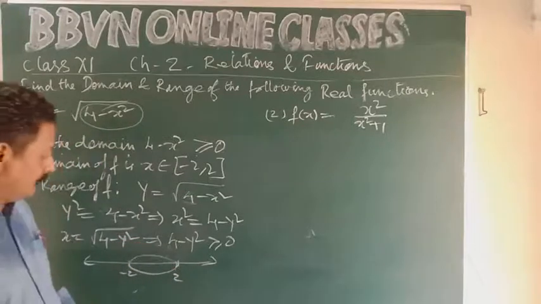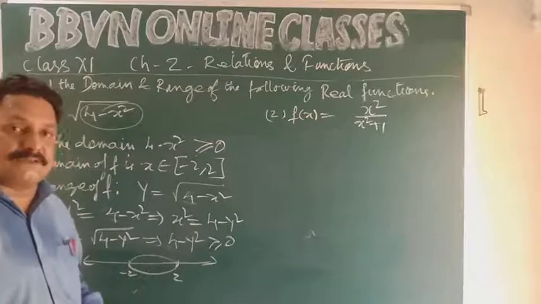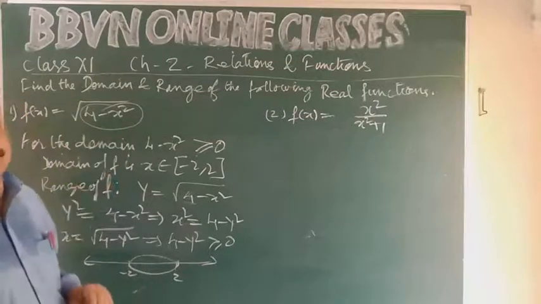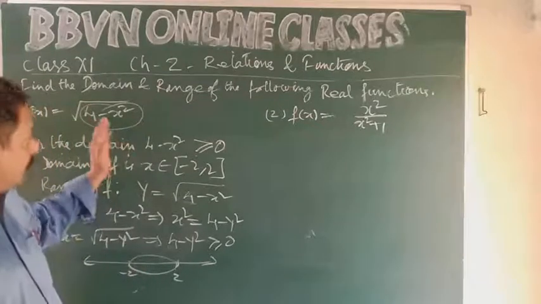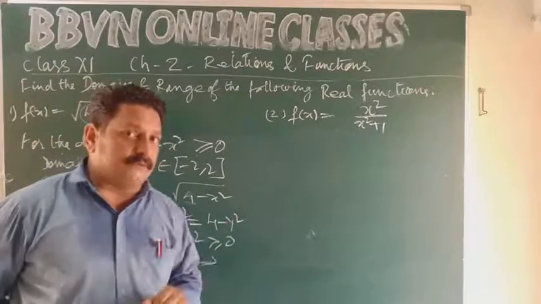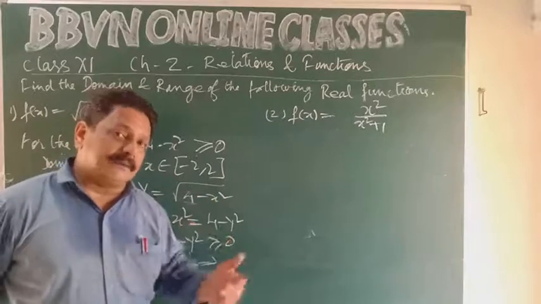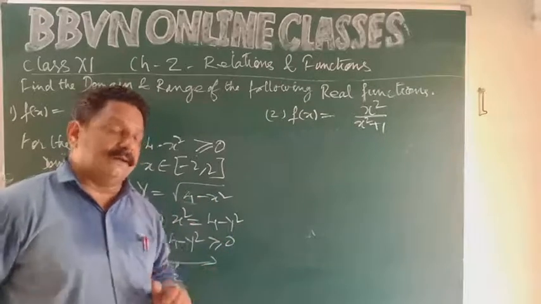But if I consider all the values of y, minus 2 to plus 2, this becomes a relation. As I said, the range of a square root function, we have discussed earlier, is always a subset of R plus, that is non-negative real numbers.